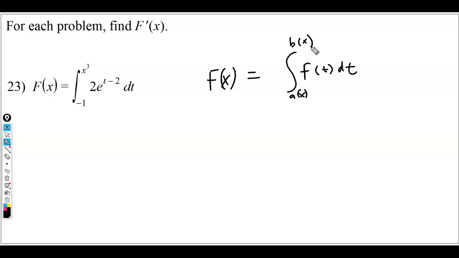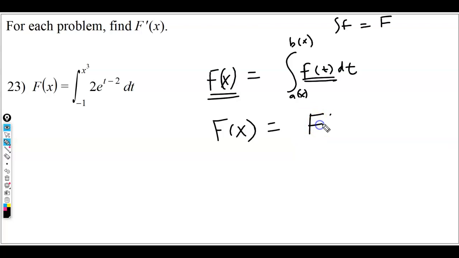Okay. Now here's how we talked about this before. Notice this is little f and this is big F. This is the derivative of this. Okay. So let's go ahead and say that the integral of little f is big F. So the first thing I want you guys to understand is that this can be rewritten like this.